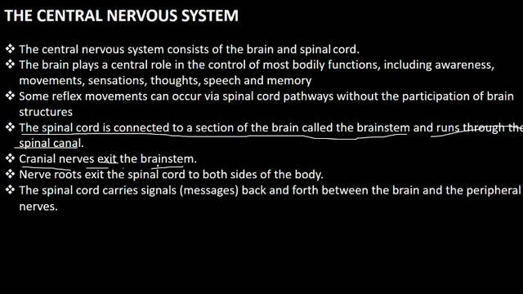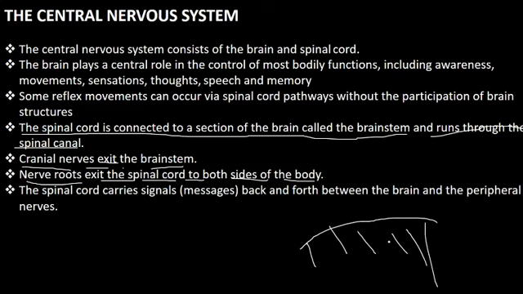All those cranial nerves exit the brainstem into everywhere in your body and into everywhere in the organism's body, not only you. Nerve roots exit the spinal cord to both sides of the body. You remember that woman that I showed you? That is the spinal cord, and every nerve fiber emanates out from the spinal cord like that, left and right.